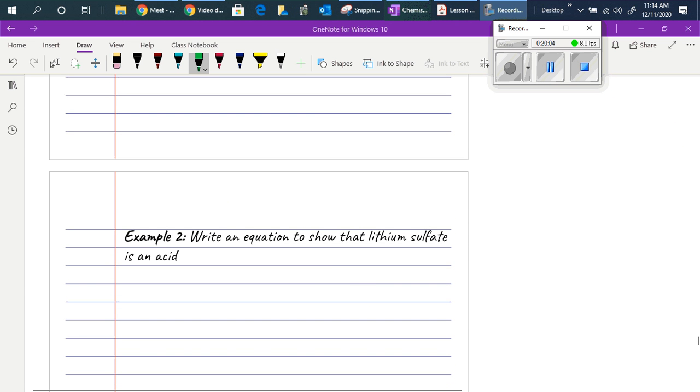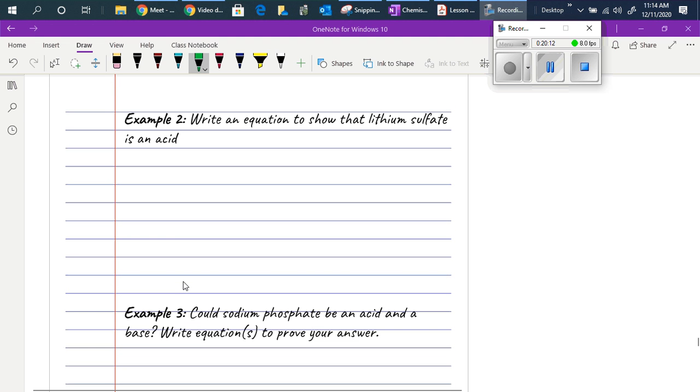So let's write an equation to show that lithium hydrogen sulfate is an acid. Okay, so lithium hydrogen sulfate is LiHSO4. Let's write a dissociation equation for this.